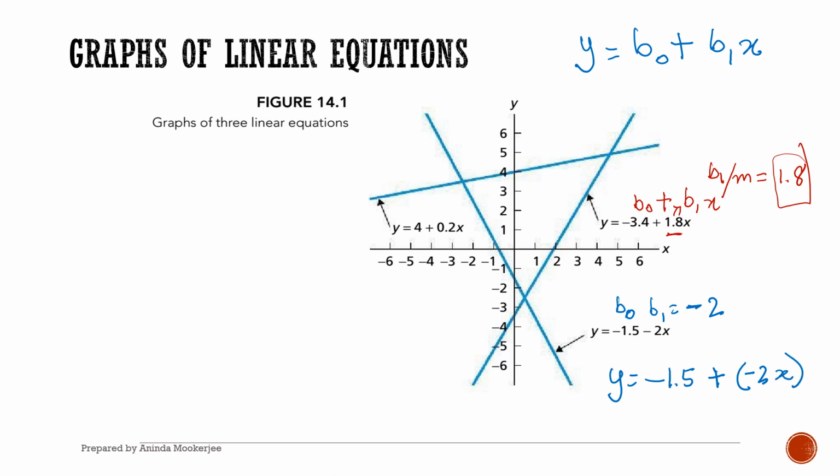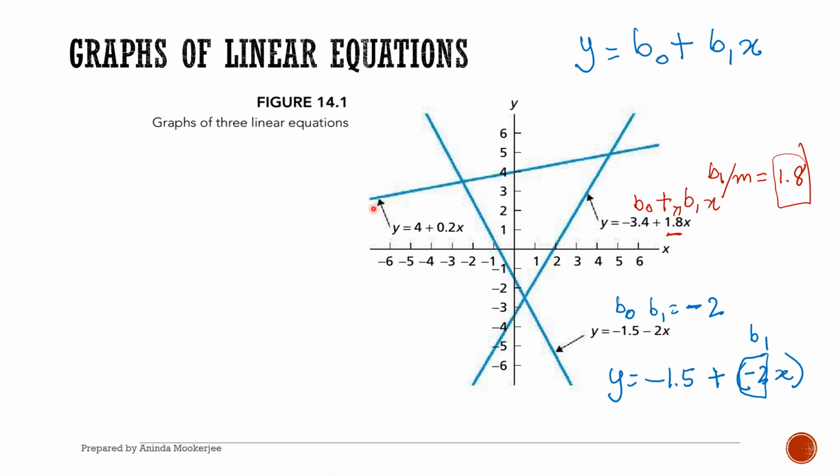So negative 2 is going to be what? A part of b sub 1. So in that case, b sub 1 is a negative value, and whenever the slope is negative, the line will fall from the left hand side to the right hand side, right?